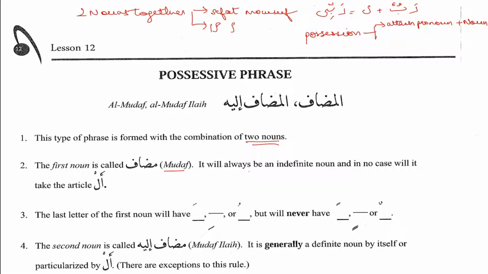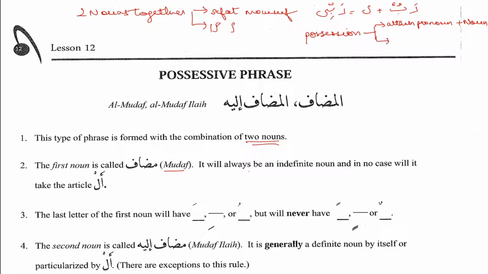Rabbun, any rab, just lord, god, master, plus ya becomes rabbi, my lord. This is a case of possession, not just any lord, it's my lord. This is the simplest case when we can attach a pronoun with a noun.